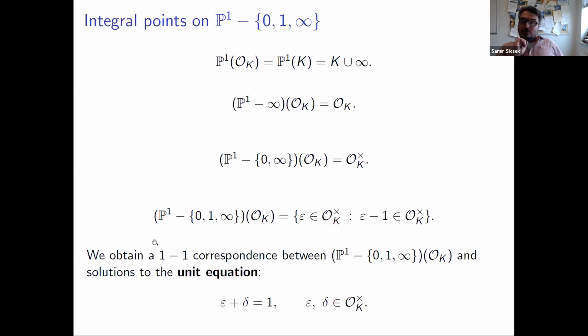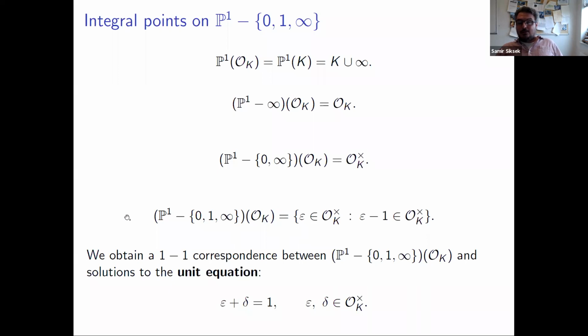And then if you remove 1 as well as 0 and infinity, then you're asking for units such that epsilon minus 1 does not reduce to 0. So epsilon does not reduce to 1 modulo any prime, and so epsilon minus 1 has to be a unit as well.